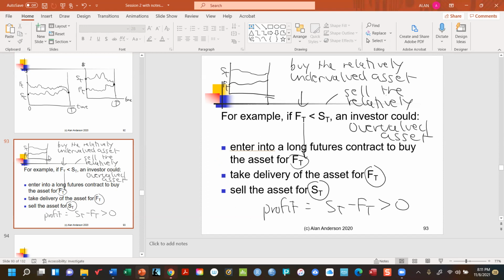You immediately turn around and take that money. And remember, you just took possession of the asset, whatever it is. Let's say it's gold. Now, because the market price of this gold is higher than the futures price, we can sell it immediately for S_T, which by assumption is greater than F_T. And so the difference between the two is our profit, which is guaranteed to be positive.